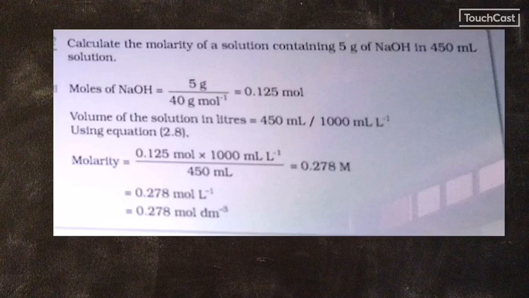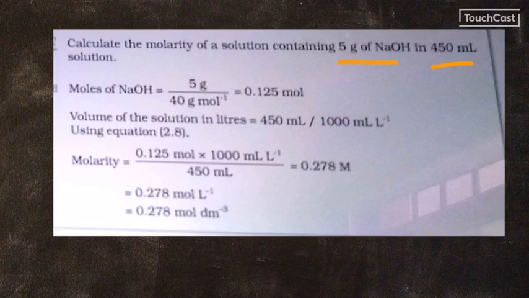Question: calculate the molarity of a solution containing 5 gram of NaOH in 450 ml solution. So here we have to calculate the molarity of a solution. The mass of the solute is 5 gram and the volume of the solution is 450 ml.